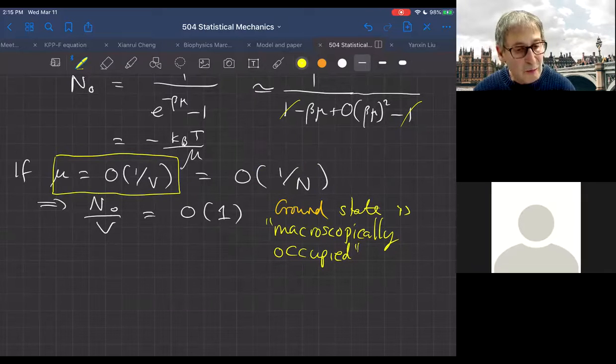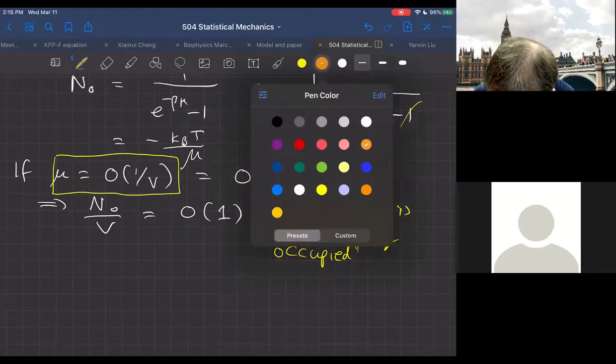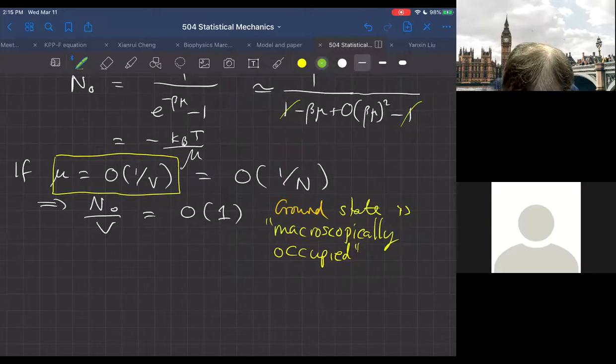Now, when we say macroscopically occupied, we don't mean that it has a large number of particles in it. What we mean is that the number of particles scales with N, proportional to N. So macroscopic occupation means something very specific. It is not just a large number of particles.